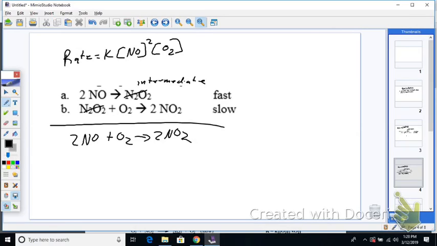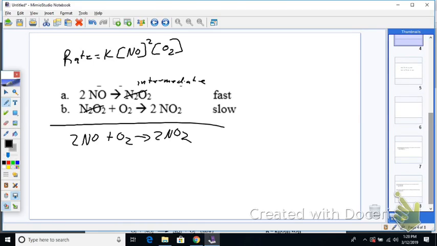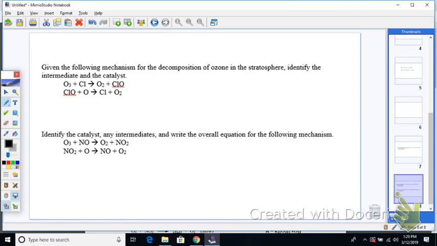Okay, let's have you do one. Let me talk to you a little bit about catalysts.